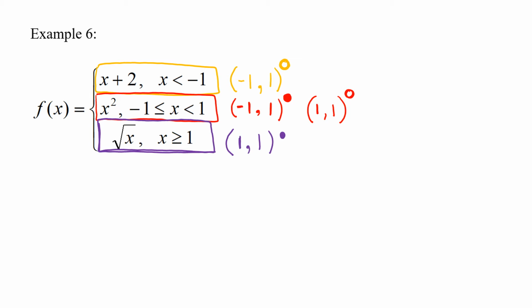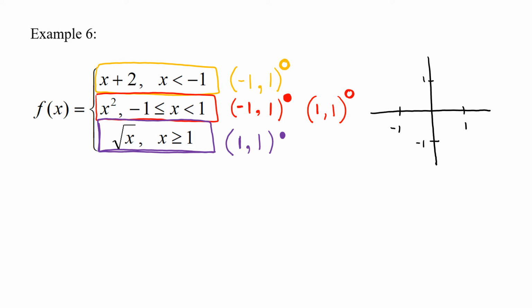Now that we've figured out where the open and closed circles are for the function, we can sketch a quick graph. I'm going to put my -1 and my +1, a little closer, on each axis.